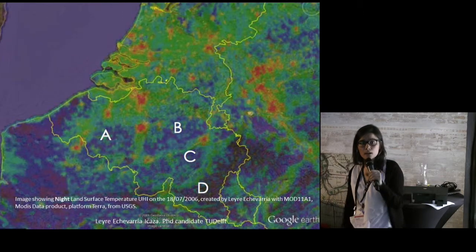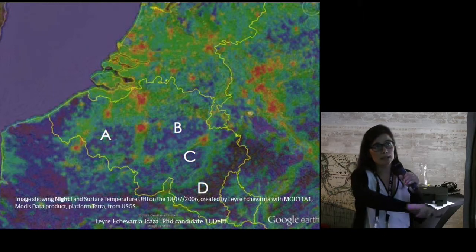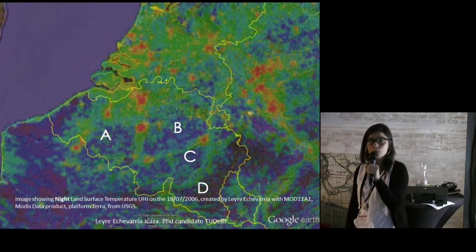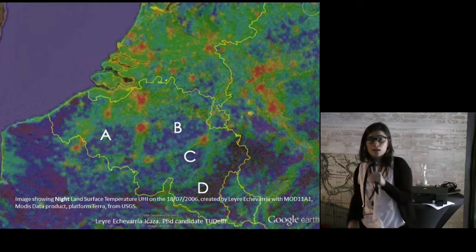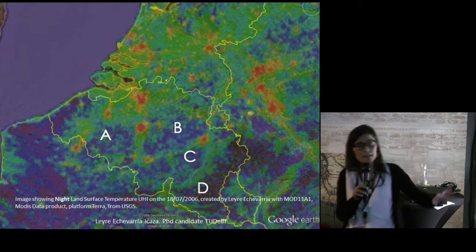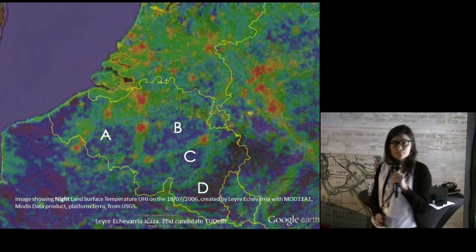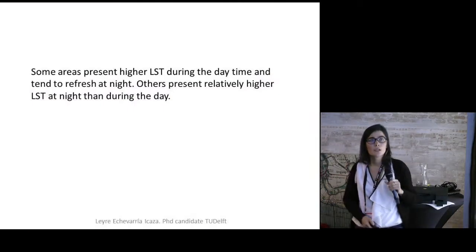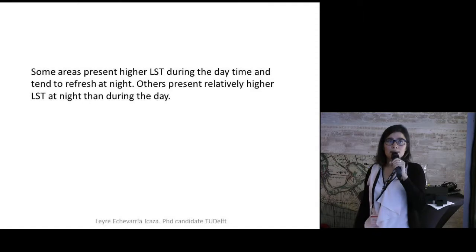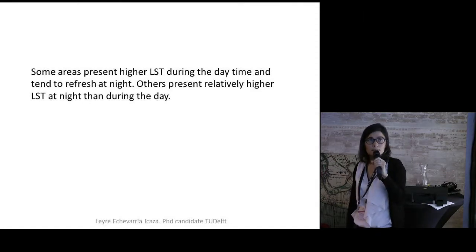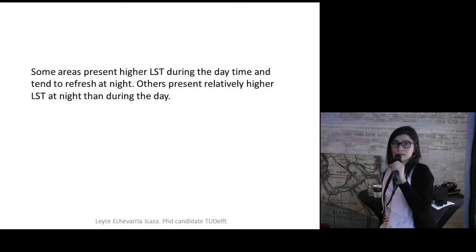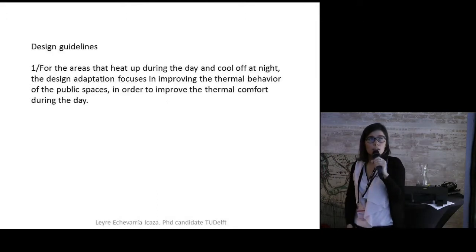And when we go to the night surface temperature map, we see that they disappeared. We can also identify a number of cooling sources. Some areas present a higher LST during the day and tend to refresh at night, and others present a relatively higher LST at night than during the day.